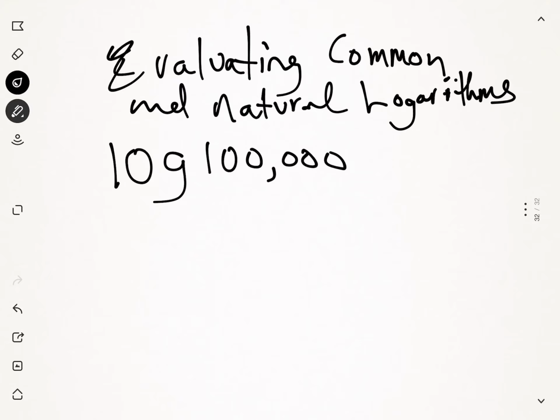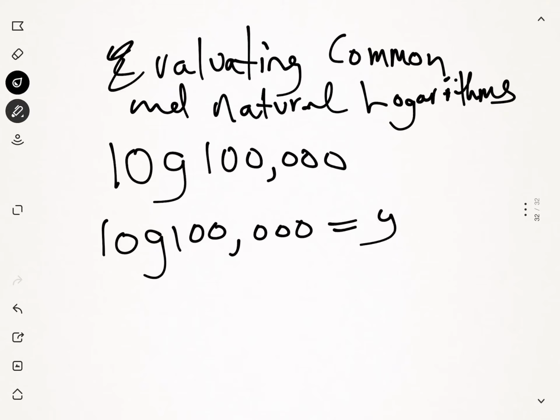So we're going to do the same thing we did before. Log 100,000 equals y. Now, when we don't have any base, we're going to write it first in the exponential form. So I'm going to write 10 to the y equals 100,000.